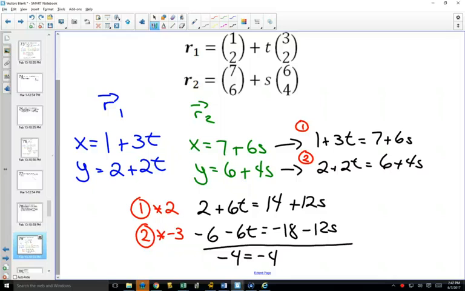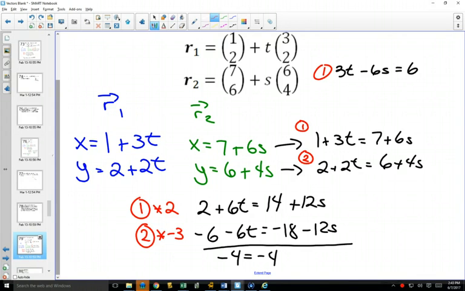What would happen if you set up your matrices? So I'm going to rearrange these equations. Equation 1, are you okay with me writing equation 1 like this? 3t minus 6s is equal to 6.